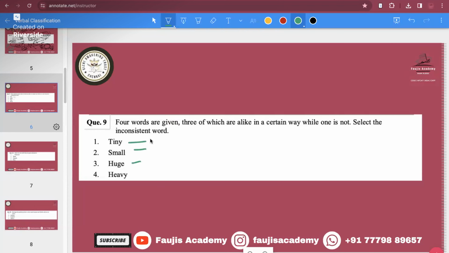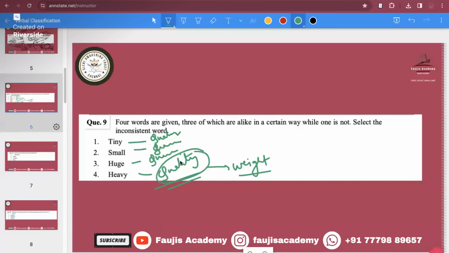Yes, guys. Tiny means quantity. Small means again quantity. Huge again quantity. Heavy denotes what? Quality. Heavy is your weight, right?